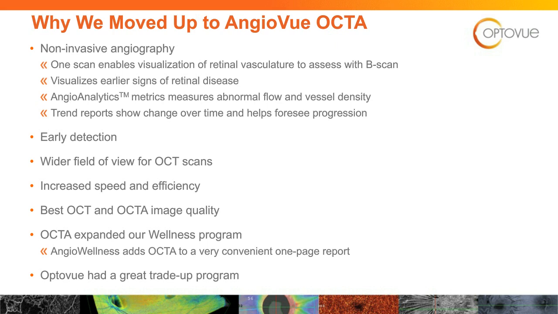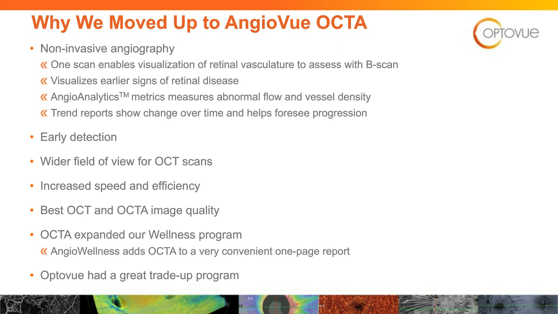The OCTA and the Avanti platform gives you a wider field of view for the OCT scans, and increased speed and efficacy. I mentioned the 70,000 scans per second, which increases the resolution, so it gives you the best image. OCTA expanded our wellness program. We were doing a wellness program, but adding the angiography definitely took it to the next level.